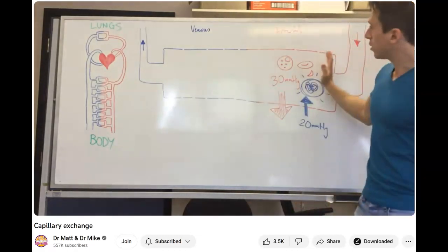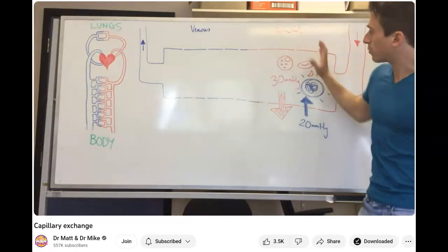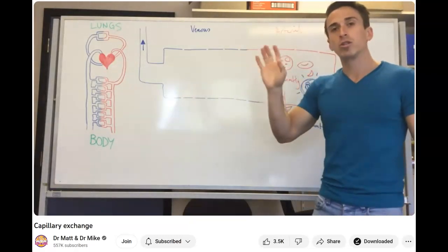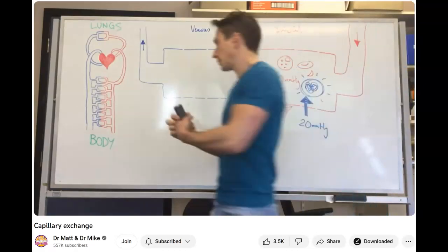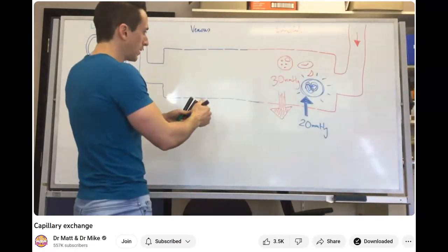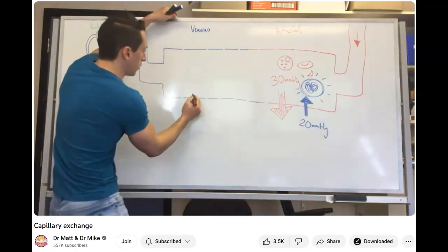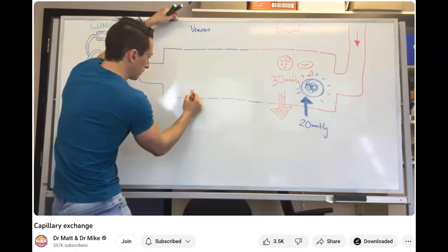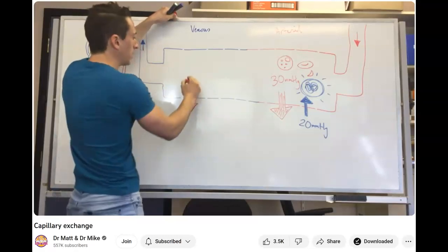So as we move from the arterial end, stuff's getting pushed out, so the pressure in here drops. And that means at the venous end, the pressure drops enough that it ends up being a push out of 15 millimeters of mercury.